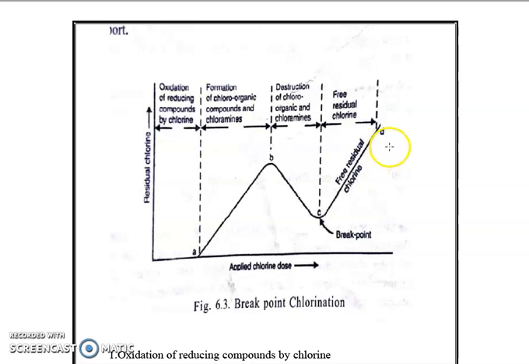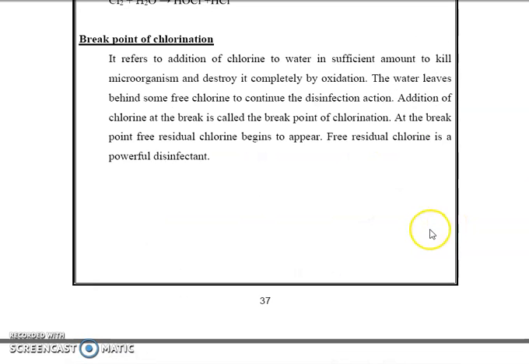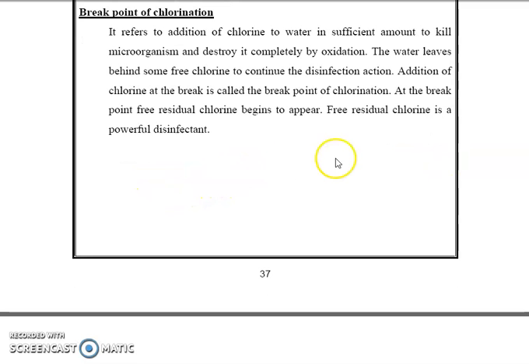At the breakpoint, free residual chlorine begins to appear. The free residual chlorine is a powerful disinfectant. At this point, all impurities present in water are completely removed.